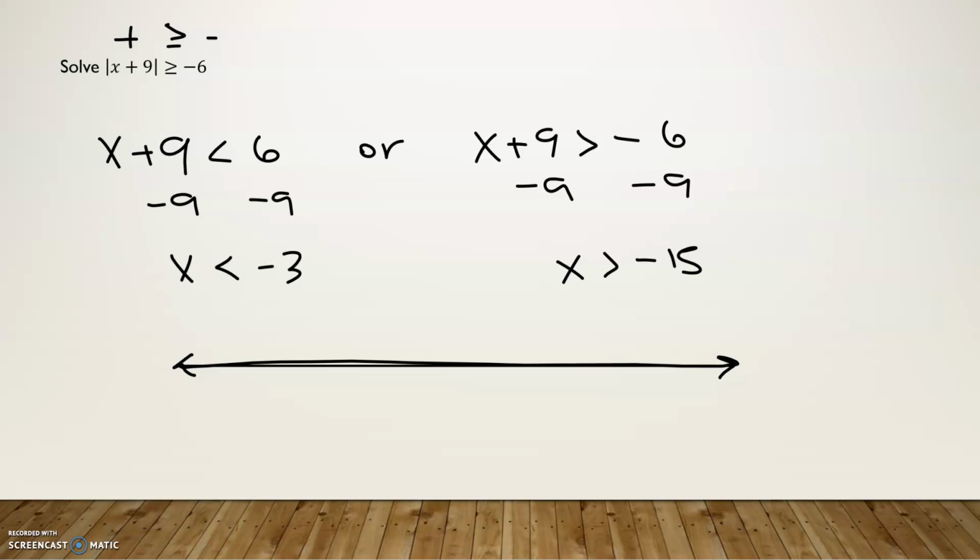Now, we say this right here, this is greater than or equal to. Okay, so it can be either one. All right, so positive is always greater than a negative. So since that's always true, that means any of the answers that you plug in will be true. So it goes from negative infinity to positive infinity.